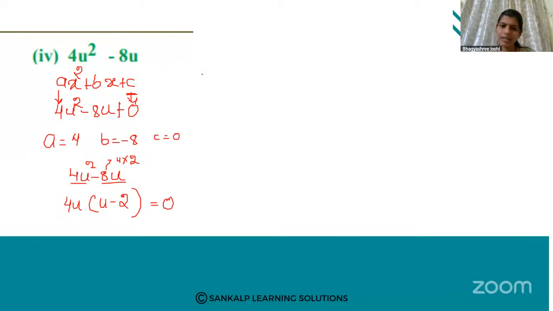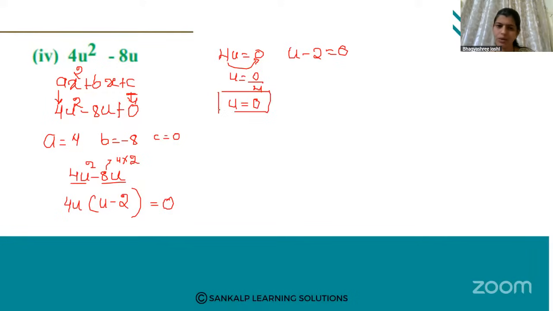So what will I get? 4u is equal to 0, u minus 2 equal to 0, right? Next, u equal to, transferring this 4 to this side, 0 divided by 4, that is equal to 0.